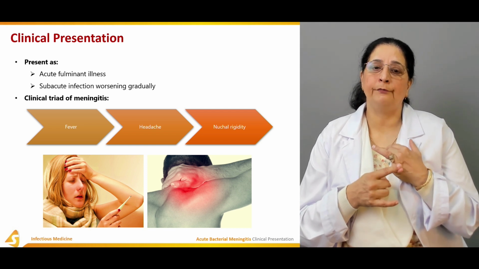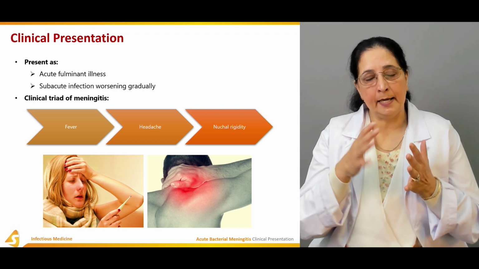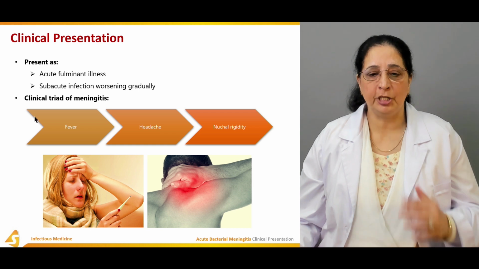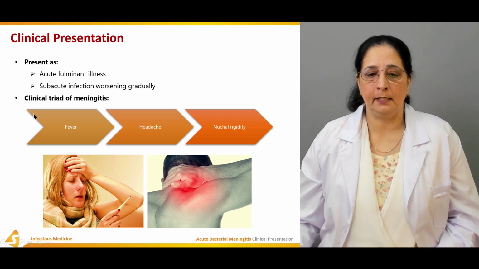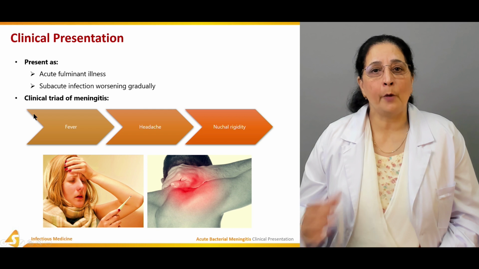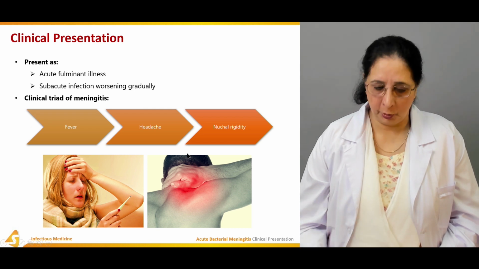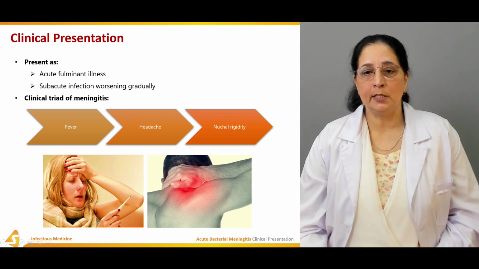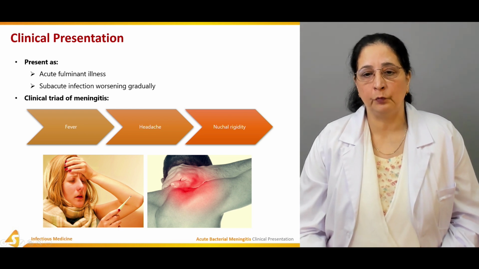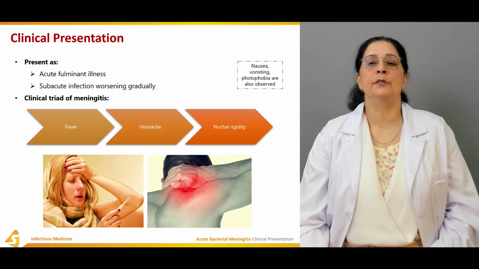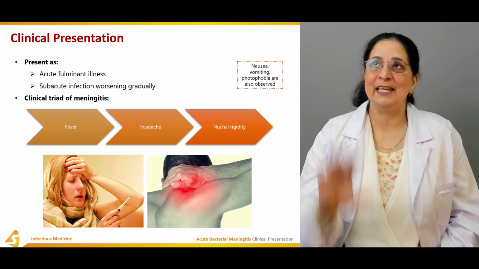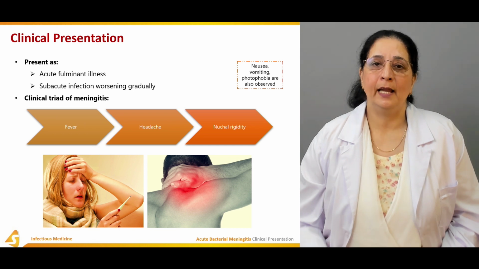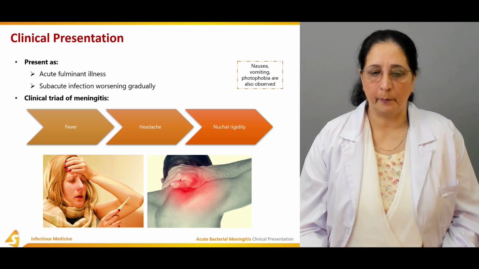The patient presents with fever, there is headache, and the neck is very rigid and stiff. Nausea, vomiting, and photophobia are also observed. The patients usually don't like too much light, and they have nausea and vomiting also.